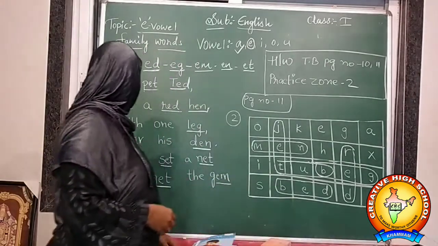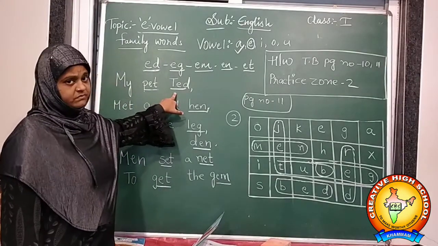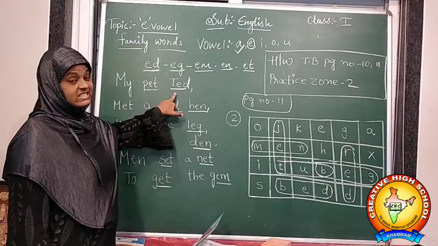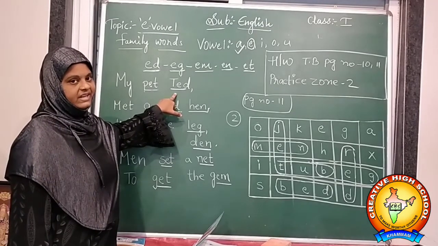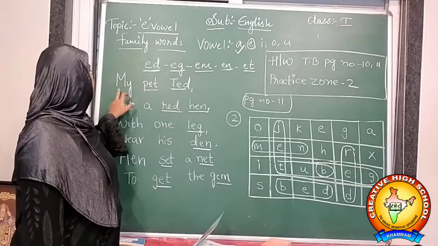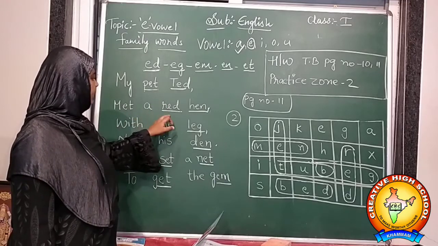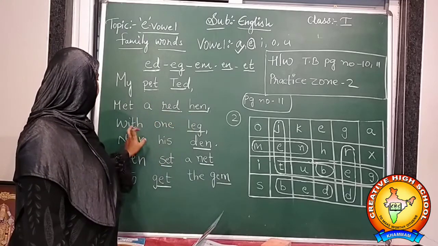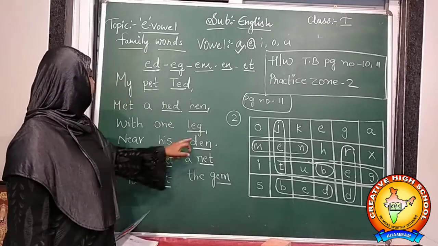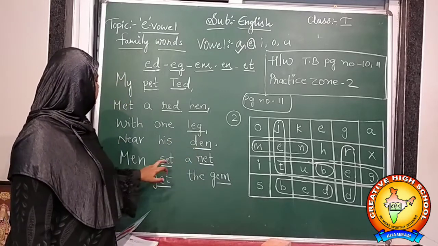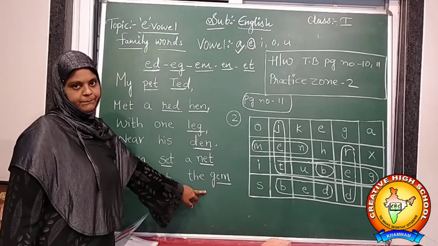Once again we'll learn this poem. My pet Ted. See the sound of the letter E. You have to identify the letter E. My pet Ted met a red hen with one leg near his den. Men set a net to get the gem.